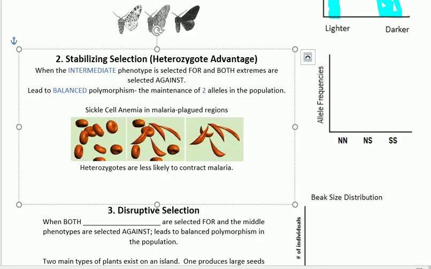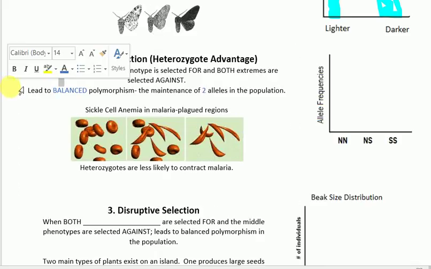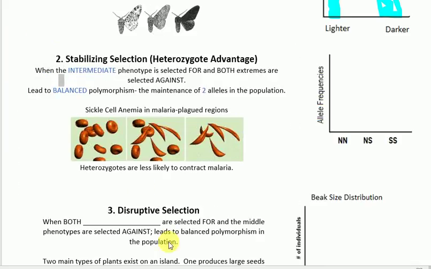So if we label those, then this would be our normal, this would be our intermediate, and this would be our sickle cell.